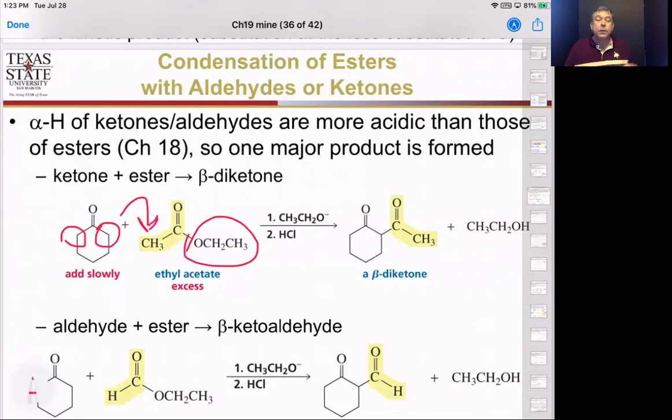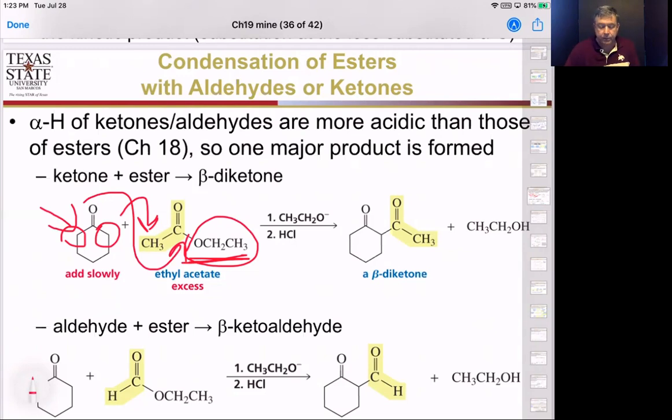Okay, so in the case of this mixture, we're using electronics of this donating group to say, I'm only going to make the enolate out of the ketone, and therefore the ketone is the one that's going to react with the ester. Now, when that ketone reacts with the ester, we have a good leaving group in that alkoxide ion, and therefore we end up generating our beta diketone compound.